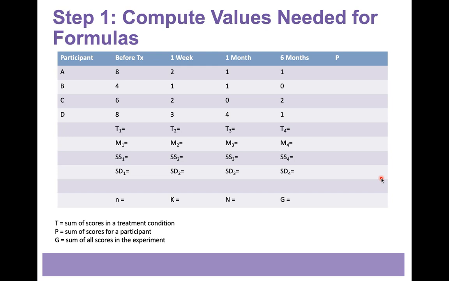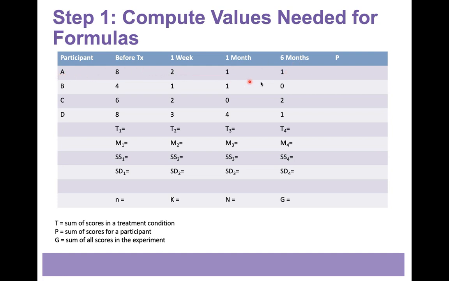So we have a lot of stuff going on here. We'll take it piece by piece. First, we want to list all the data for our participants. So we have our 4 participants. Person A had an 8 before treatment, a 2 1 week later, a 1 month later, and a 1 6 months later, right?